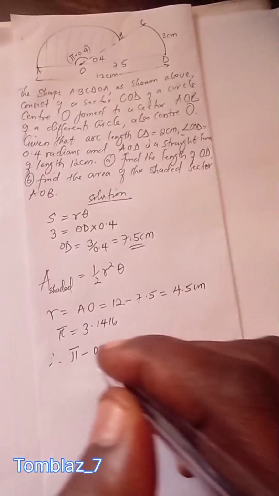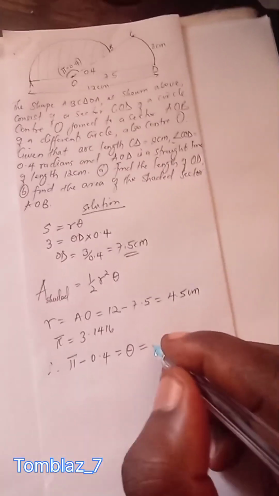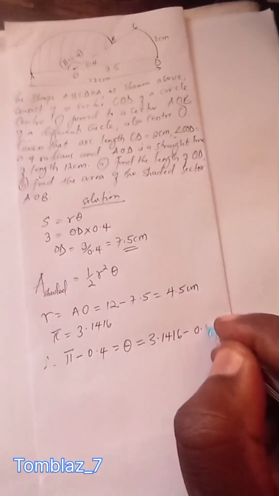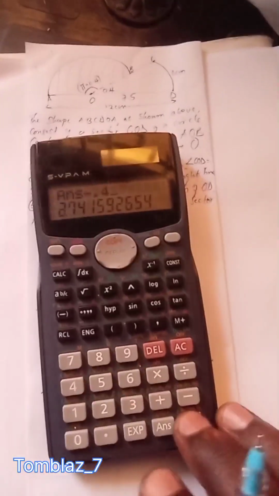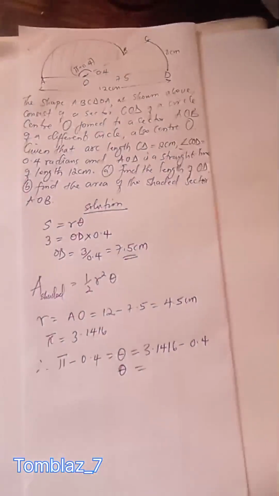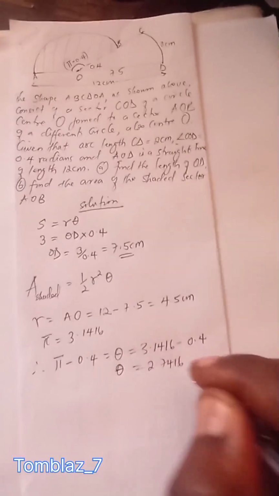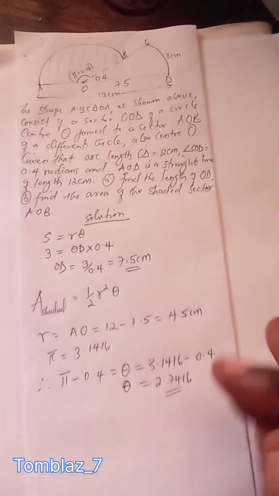It's going to give us our theta, which is equal to 3.1416 minus 0.4. Let's subtract 0.4 from it. So we have 2.7416. This is the value that we're going to get in radians.